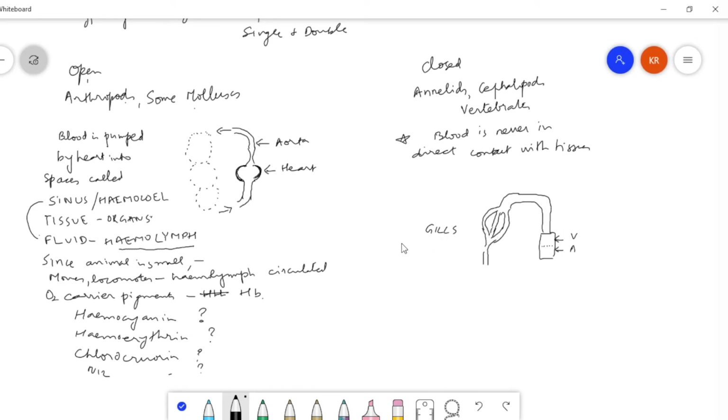Gills for oxygenation, and it goes down, and again we represent one more set of such capillaries, and it again goes back into the heart.